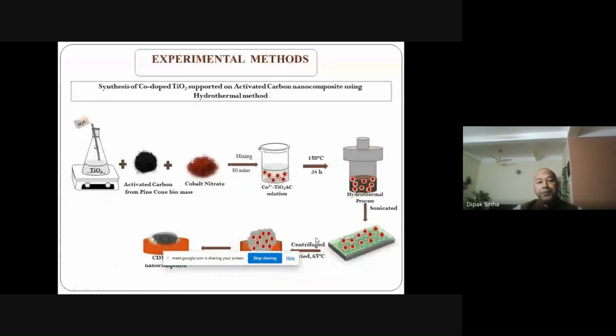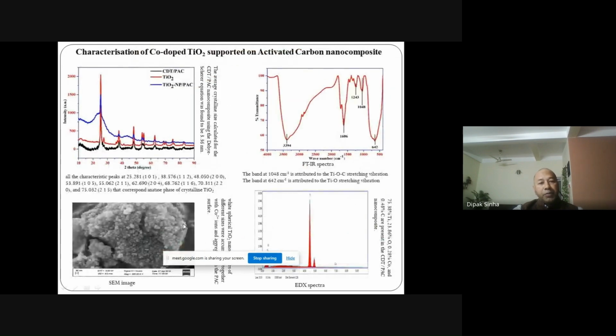The experimental procedure is like this: we took titanium dioxide, the activated carbon and the cobalt nitrate, in situ, the normal procedure. Then we went for the hydrothermal process, and ultimately we synthesized the composite, which has been characterized by different techniques.